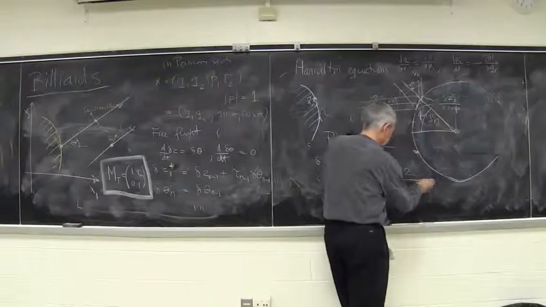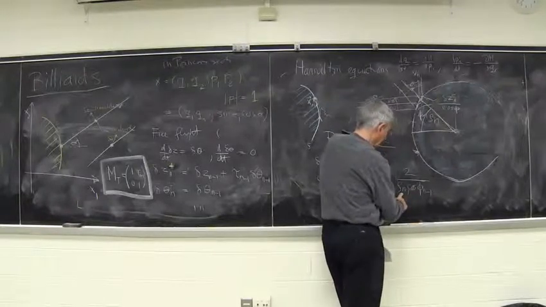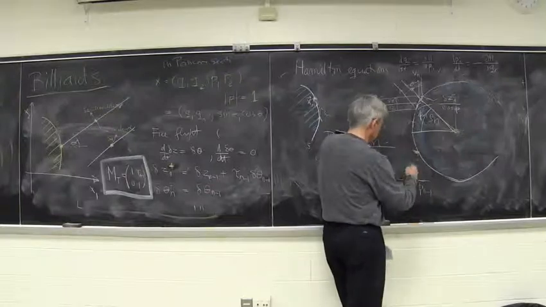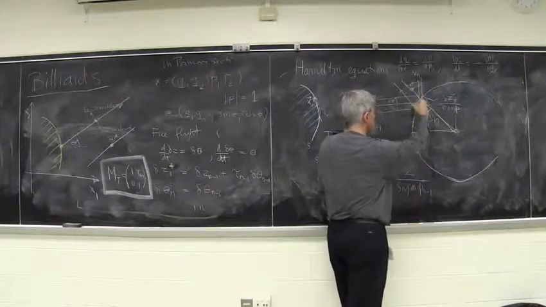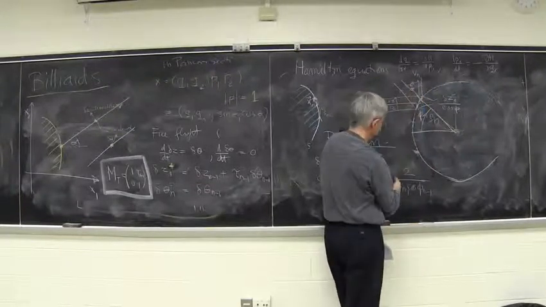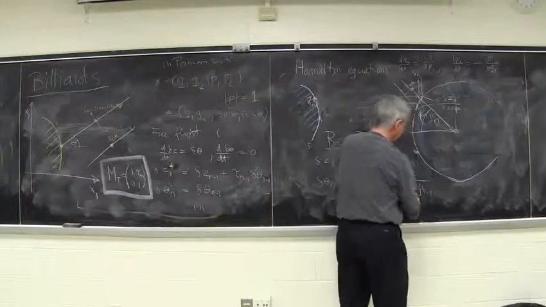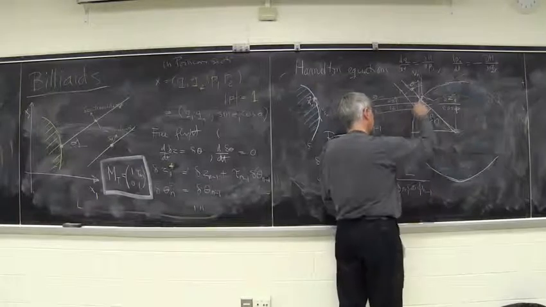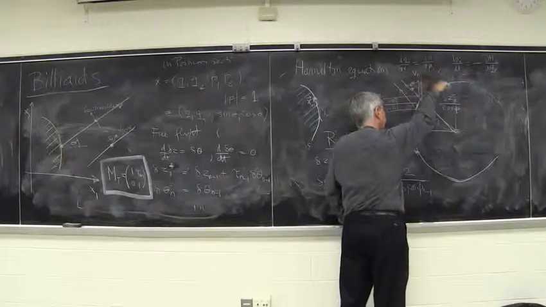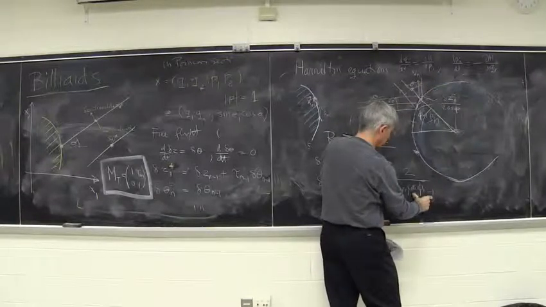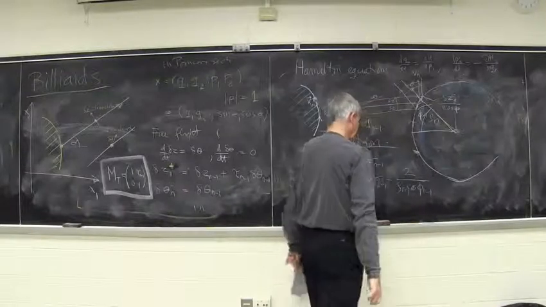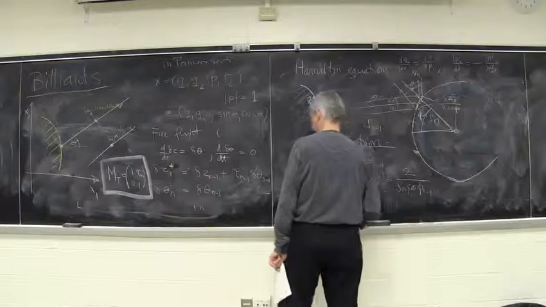I can't explain 2 here, but 1 over rho must be here, because the smaller the disk, the more defocusing it is. And cosine of the impact angle must be here, because the more to the grazing I go, the smaller this angle should be, and the more spreading, more acceleration I should get.